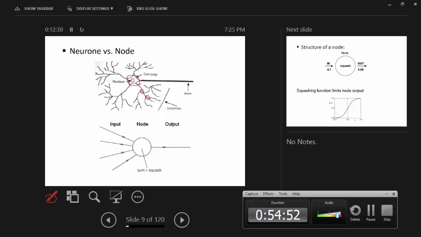So there's some data flow. For example, if we have a neuron here, we call it a node.